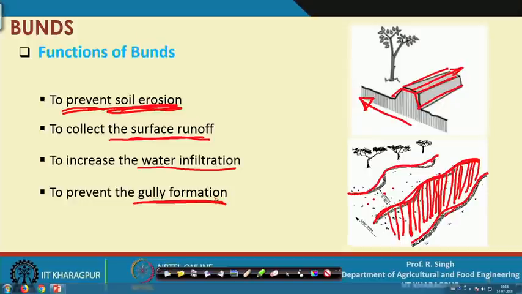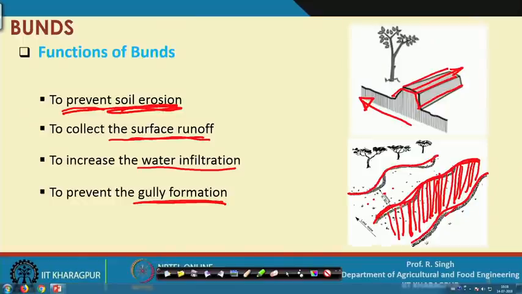You remember we said that there will be sheet erosion which results in rill erosion, which if it continues results in gully formation or gully erosion; these are the various types of erosion. So, once we are checking the sheet erosion itself, there is no question of rill erosion and no question of gully erosion or gully formation.